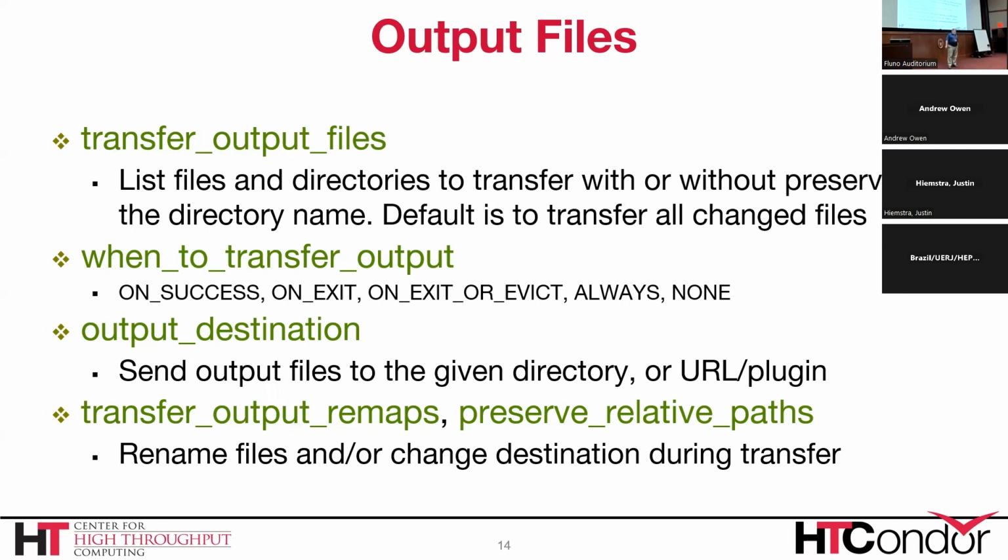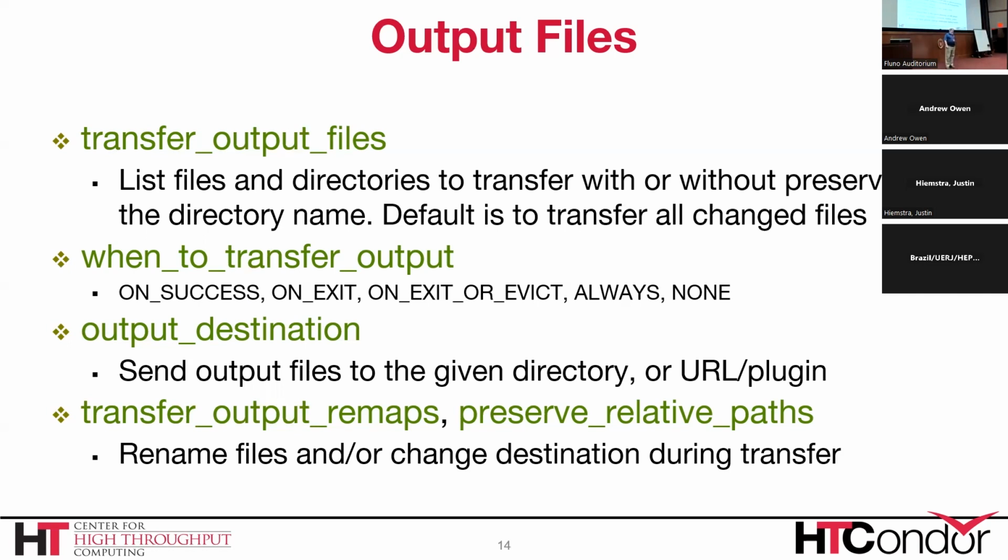There are also controls for when output transfer happens. You can say only transfer if my job succeeds, or never transfer if you want to, or an especially useful one, on exit or evict. That is, if my job gets kicked, I still want to see this partial output. This is especially useful and more or less required if you want to do self-checkpoint.